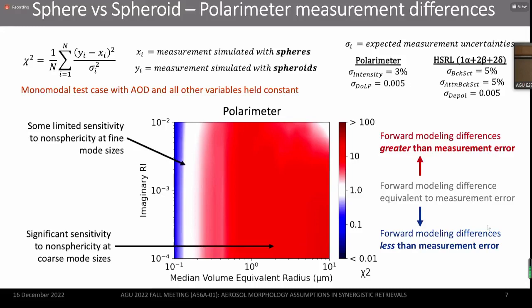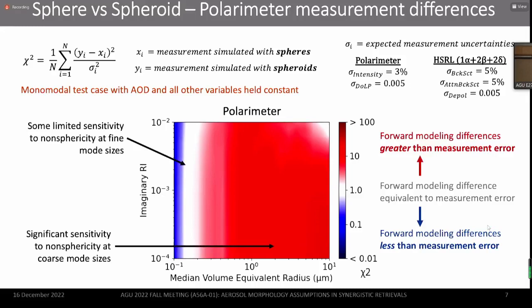So it's the difference between the forward models normalized by the measurement error. So the dark blue regions represent spots where the difference between the two models is less than the measurement error. White is roughly equivalent, and red, the difference between the models is significantly more than the measurement error.